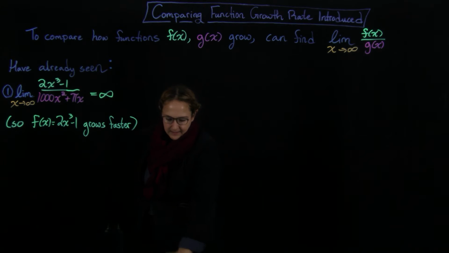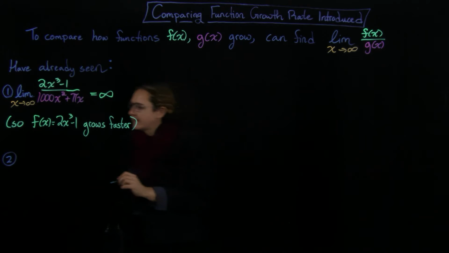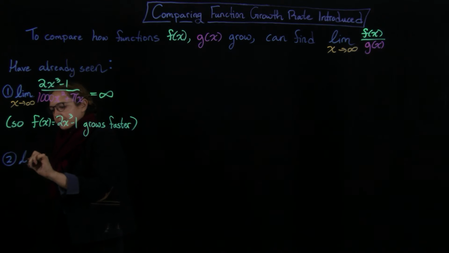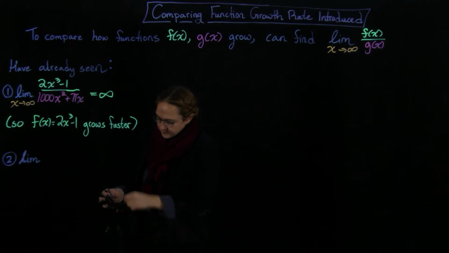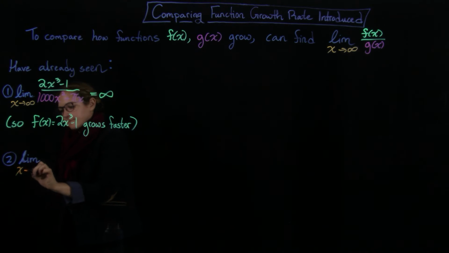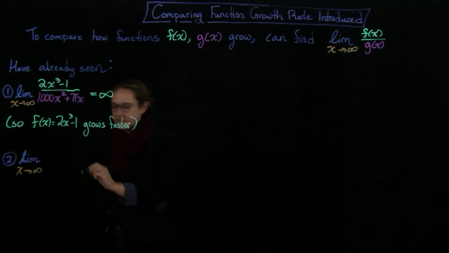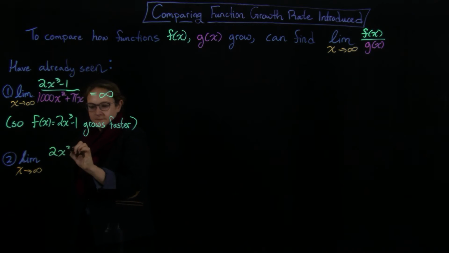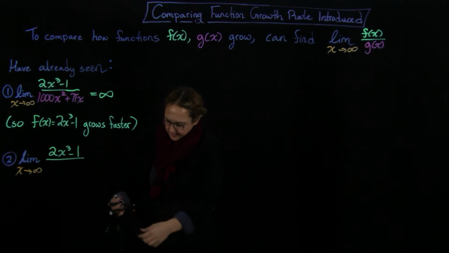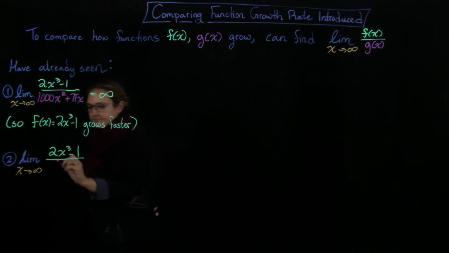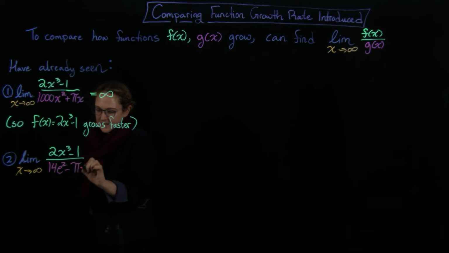Great. Here's the next kind of limit you've seen before, and we can interpret it here. So we're going to have the limit as x approaches infinity of 2x cubed minus 1 on top, and on the bottom 14 e squared minus pi x cubed.